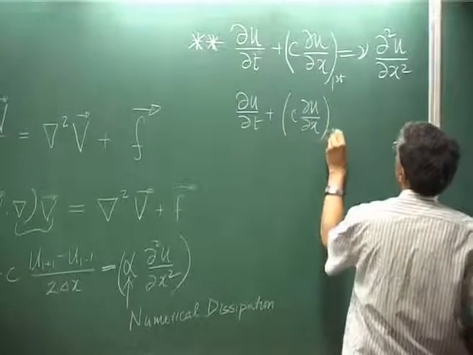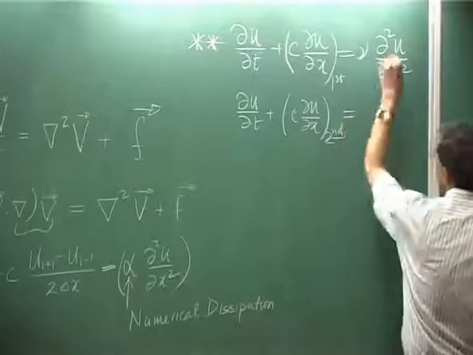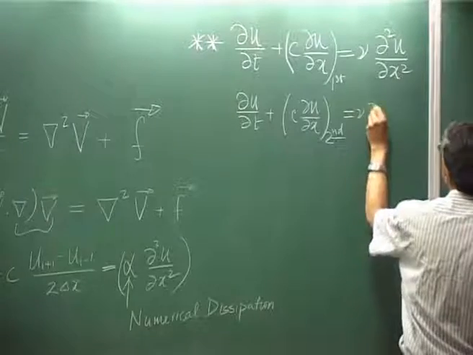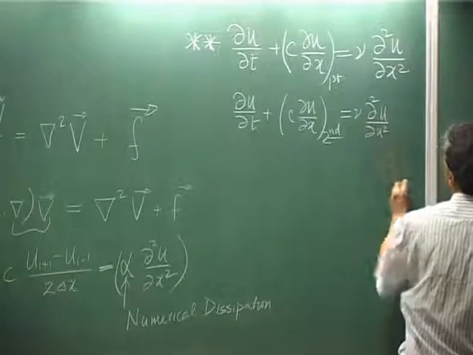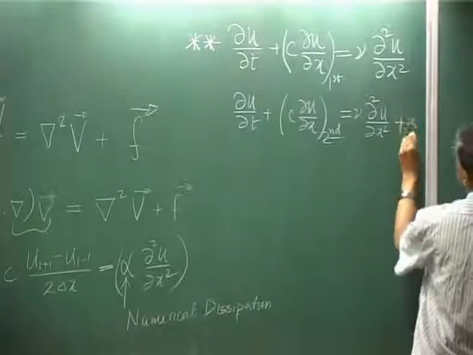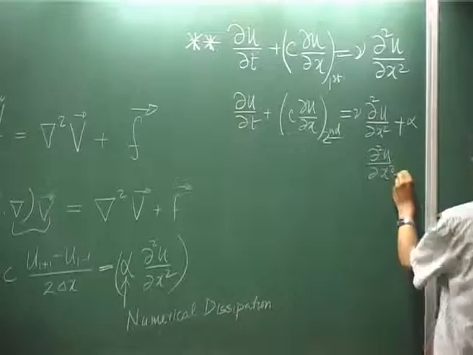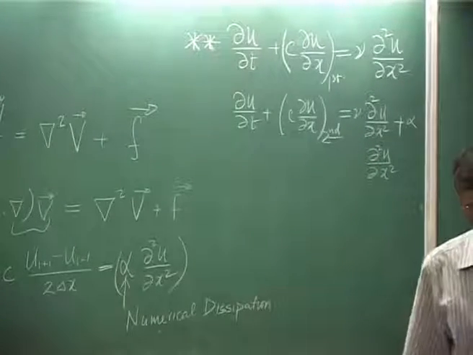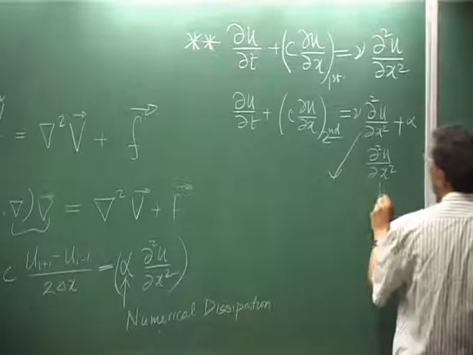That will be a second order quantity, and on the right hand side I have this term. This is a physical term. To that I am going to add this term. Right. So, this is physical and this is numerical.